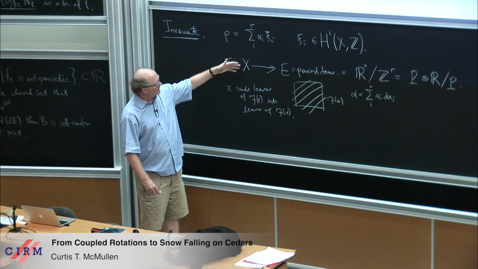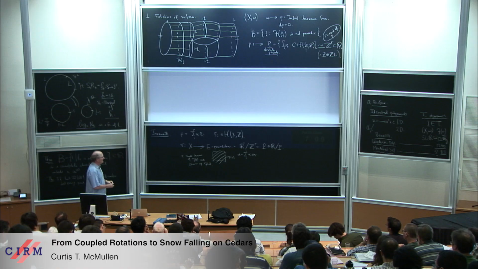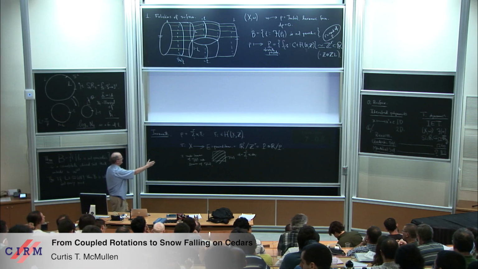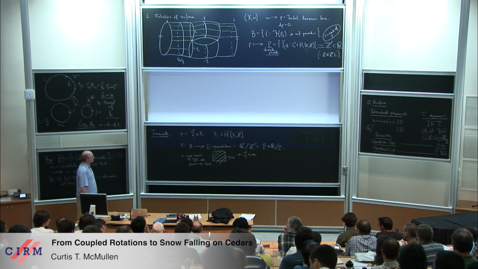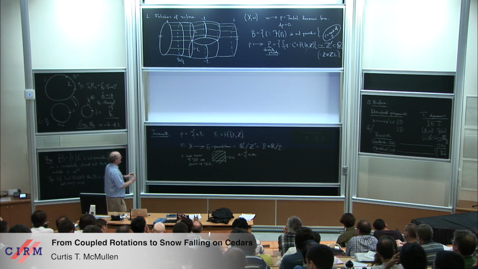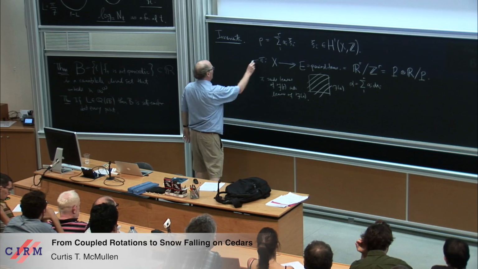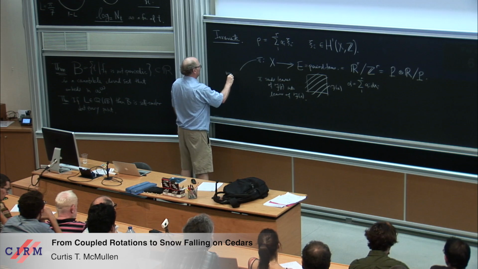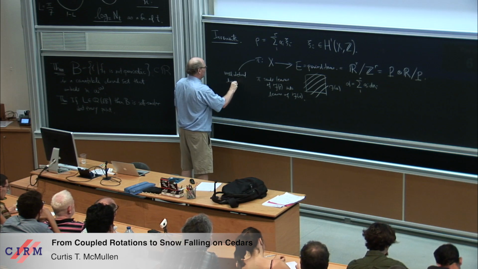So this map linearizes the foliation on the surface, and the geometry of the foliation is then hidden in this map pi. Okay, and I should say that from the data rho, this map pi is well-defined up to homotopy. So it's a well-defined homotopy class.